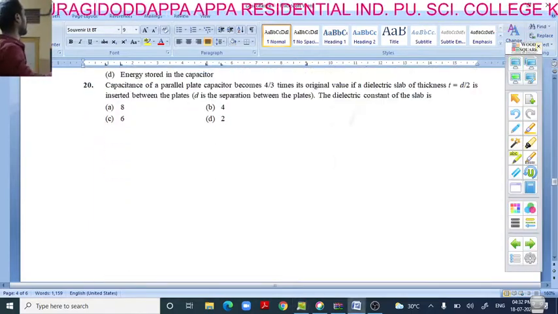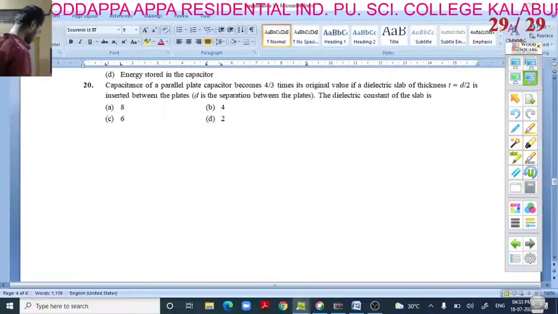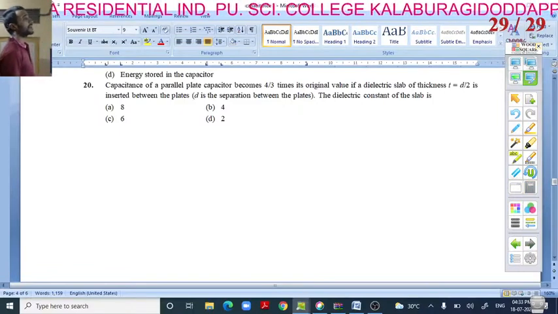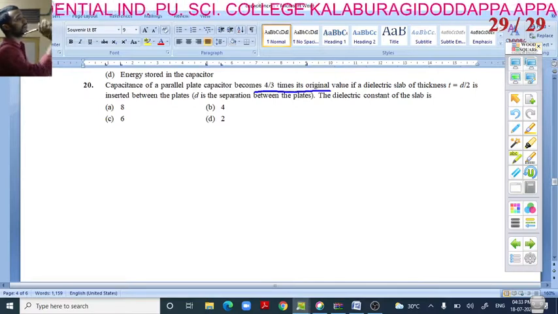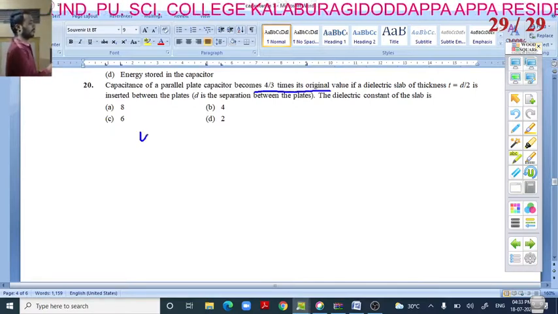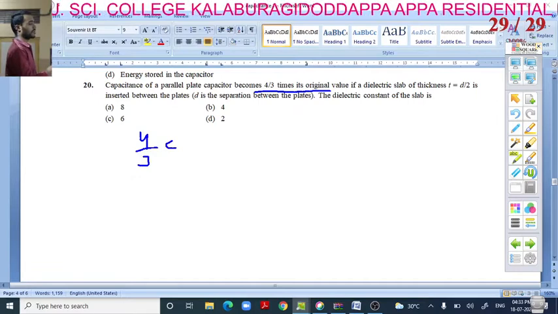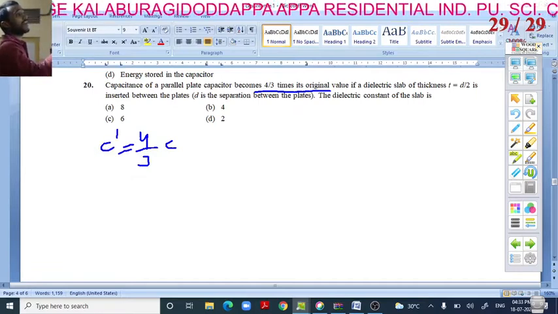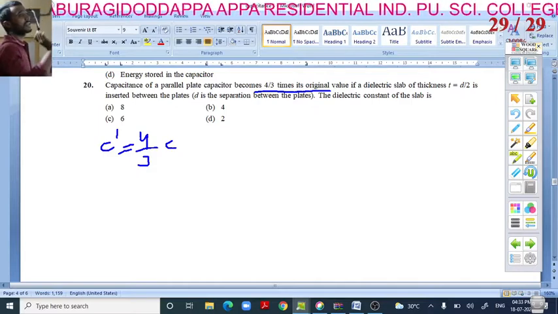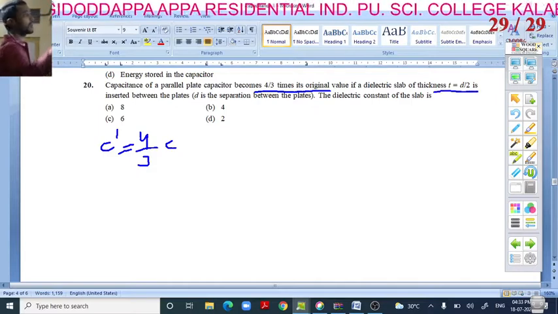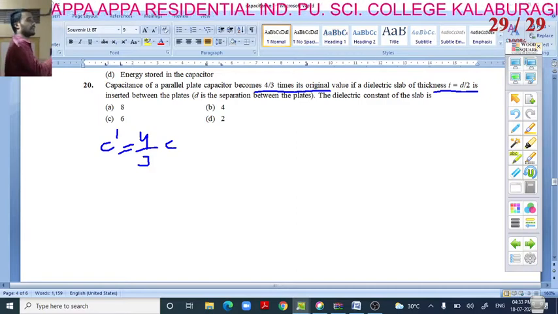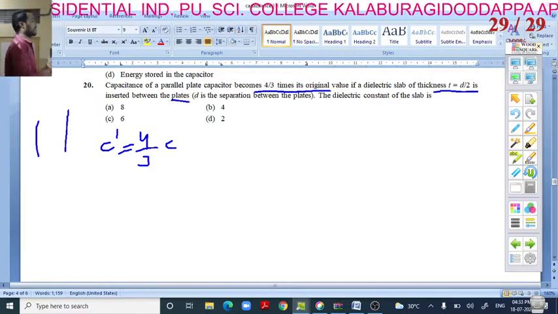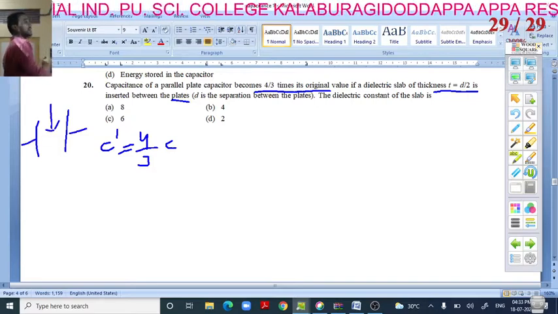Okay, next, question number 20. The capacitance of a parallel plate capacitor becomes 4/3 times of its original value. 4/3 times of its original value, that becomes the C dash value. If a dielectric slab of thickness t equal to d/2 is inserted between the plates, right, between the plates he will insert.